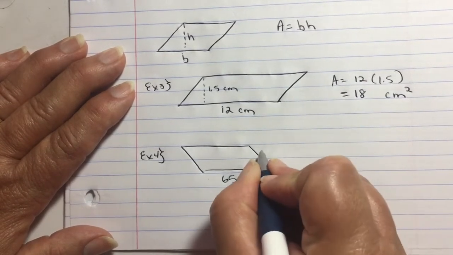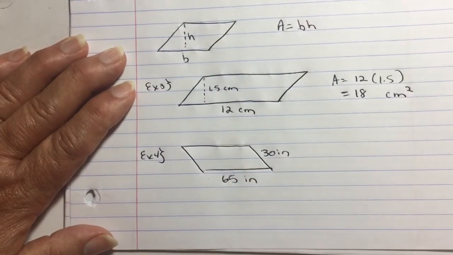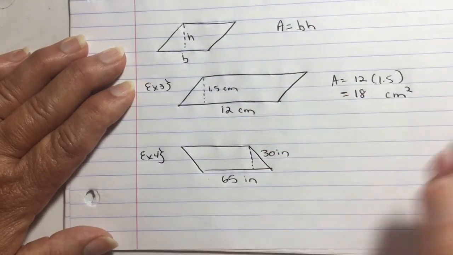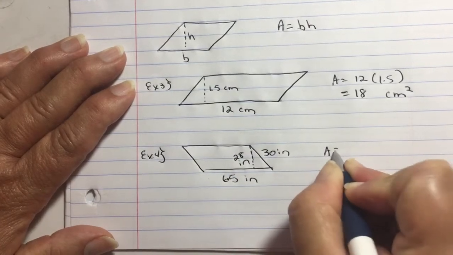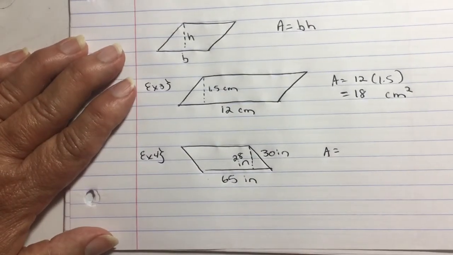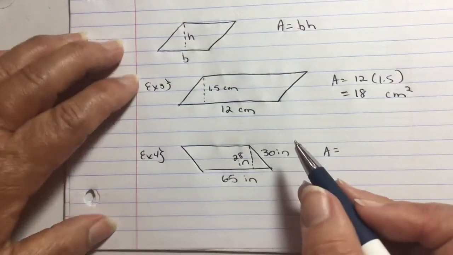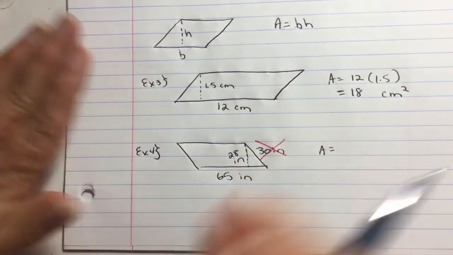This slanted part here is going to be 30 inches. The height is going to be 28 inches. Now you've got 3 numbers in there. Remember, you don't even need the slant. You need the base and the height. So that 30 is extra information that we're not even going to use in this problem.